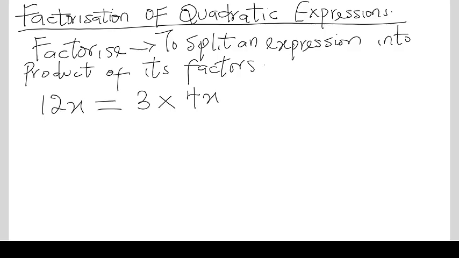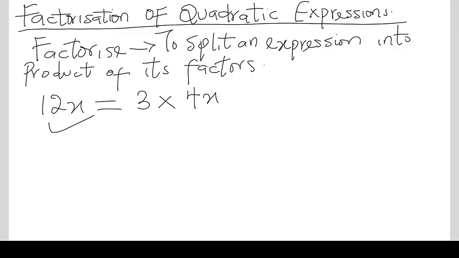So this is just a simple analogy of factorization. So when we are being asked to factorize an expression, it means they want you to simplify that expression in such a way that it will be having 2 or more factors multiplying themselves to give you the original expression.